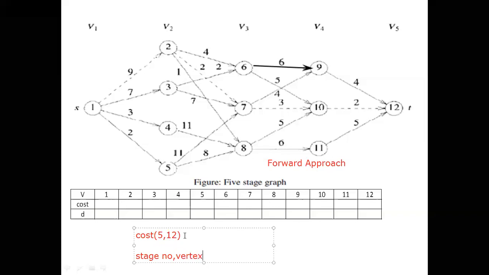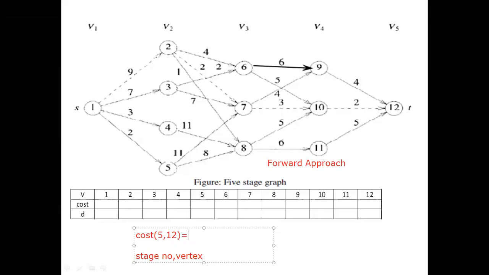I hope it's clear. This is the method we are going to write. Cost means shortest path for which stage? Fifth stage. Which vertex number? 12. That is fifth stage, vertex number 12.